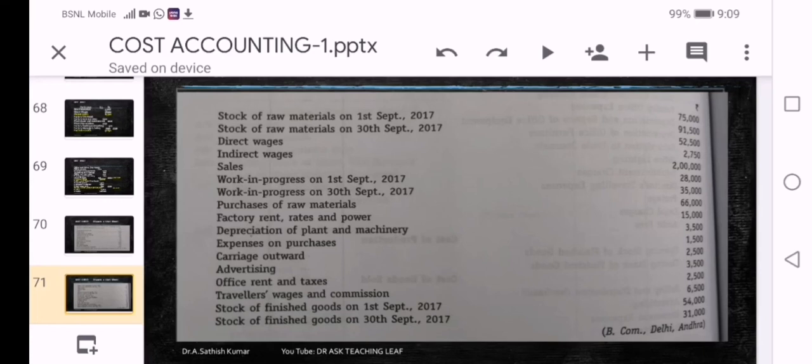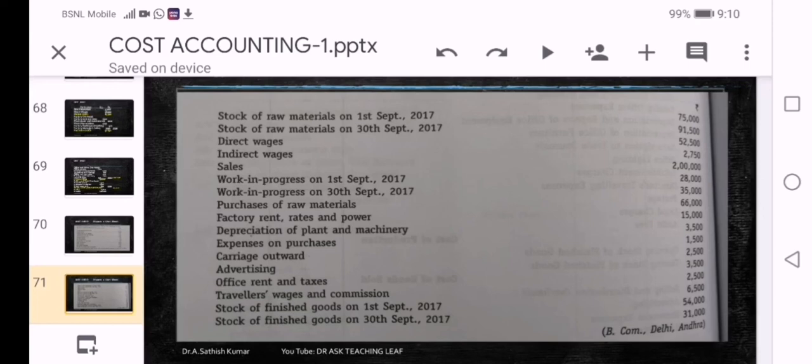Both opening stock and closing stock are shown with the word add, but always keep in mind, opening stock you always have to add, and closing stock you always have to deduct, wherever it is incorporated in the cost sheet.